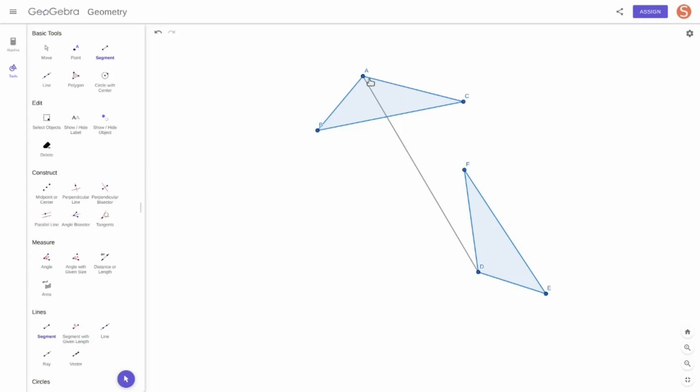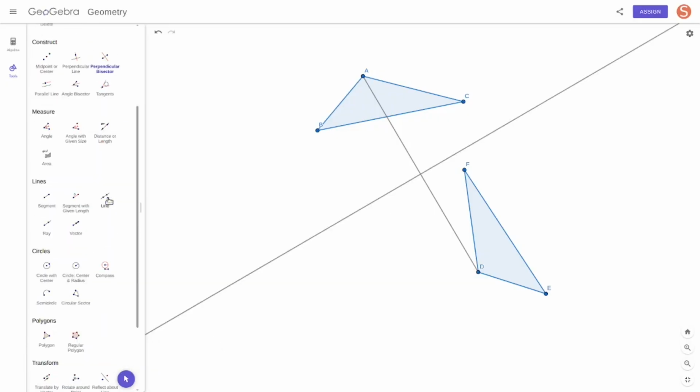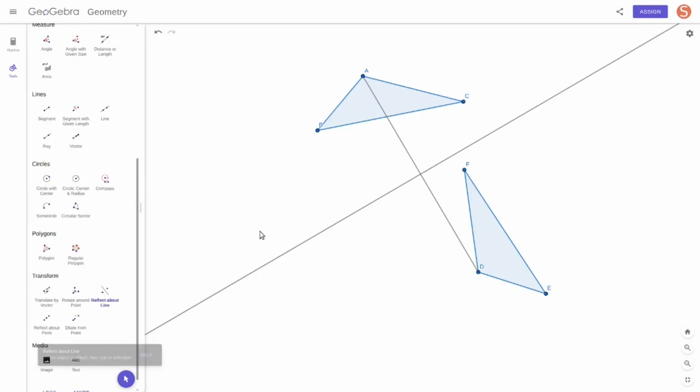So I want to send A to D. So I construct the segment AD, and I take the perpendicular bisector of that segment. And then now I'm going to use the reflection tool to reflect my triangle ABC across that perpendicular bisector. Right? So now I have a new triangle A prime, B prime, C prime, and I have made it so that A prime and D are the same point.